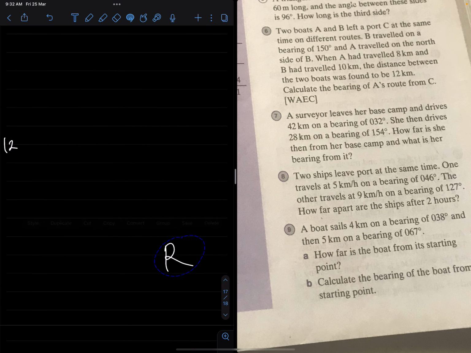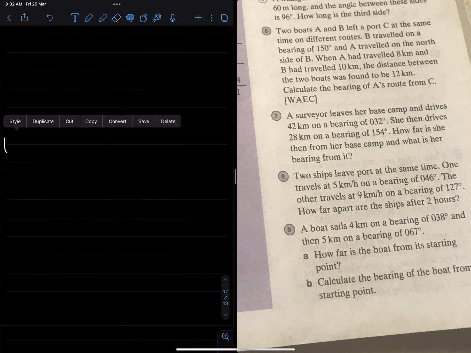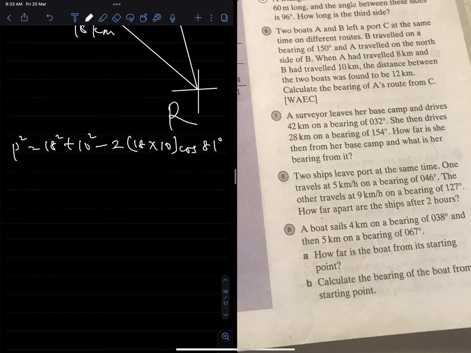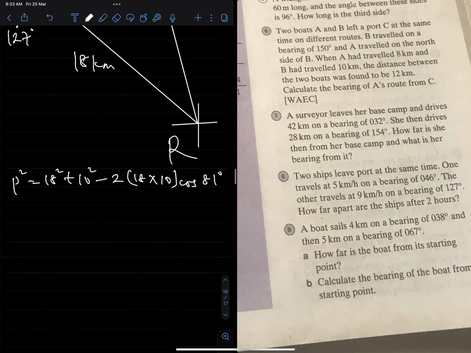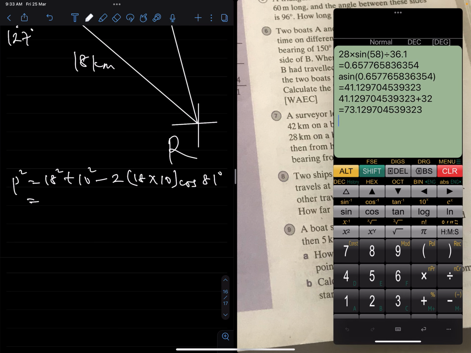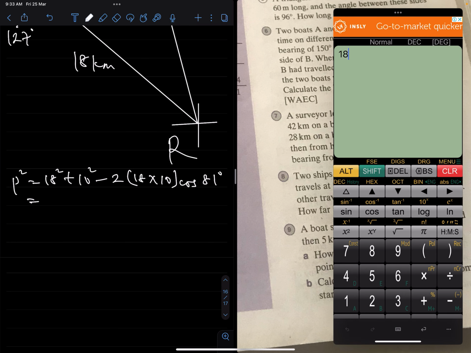Now, that's equal to 18 squared plus 10 squared, which is 424, minus 2 times 18 times 10 times cos 81 degrees.